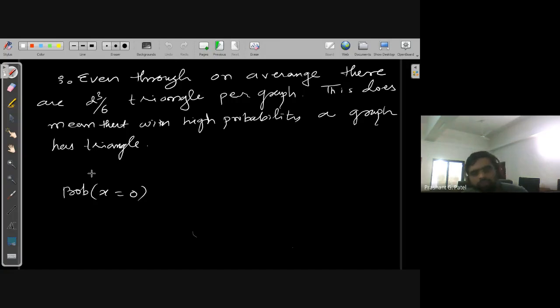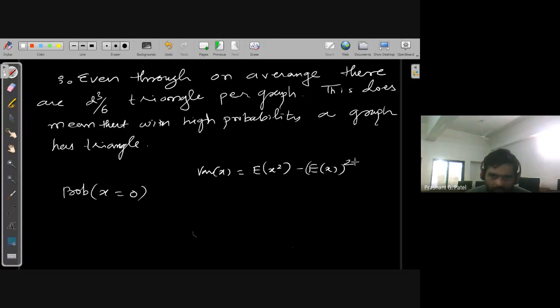So for that we need to calculate what will be the variance of this x. As we know, the variance formula is defined as e of x square minus e x whole square. So I need to calculate what is e of x square.